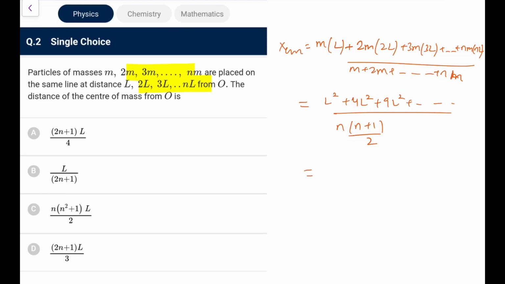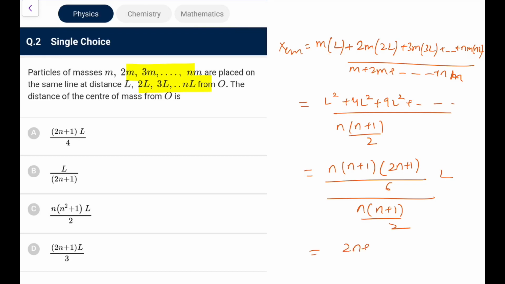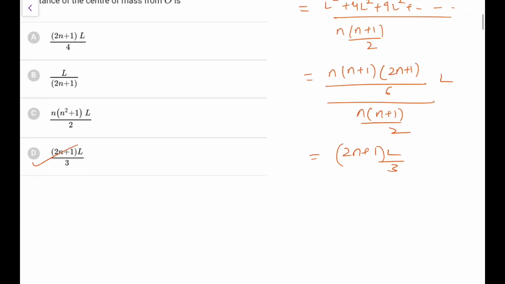The natural squares sum, you know, is n into n plus 1 into 2n plus 1 upon 6, upon n into n plus 1 upon 2. So what you are left with is 2n plus 1, and L is also there: 2n plus 1 L by 3. The simple series question for you, you all can do this. This is option number D that we will go for.